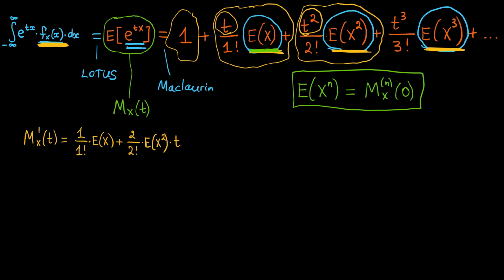And the derivative of the term with t cubed will give us 3 over 3 factorial times the expected value of x cubed. And let's not forget a t squared, right? Because when we took the derivative of t to the power of 3, we got 3t squared.